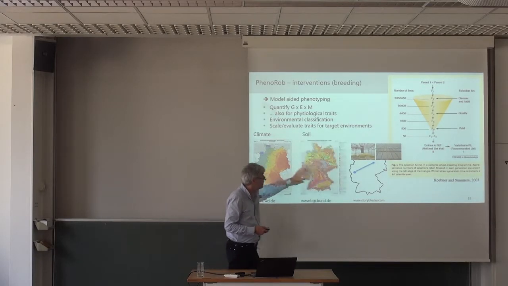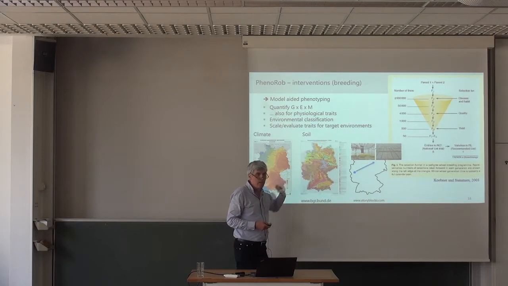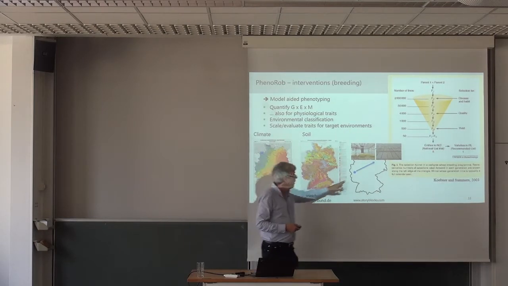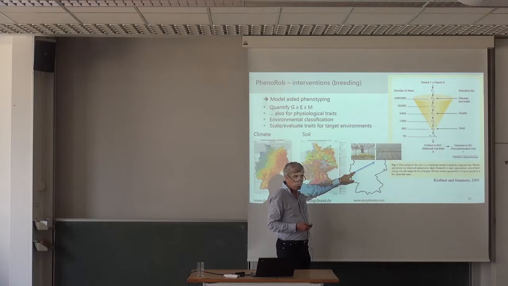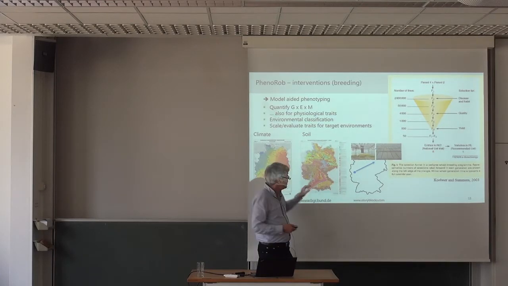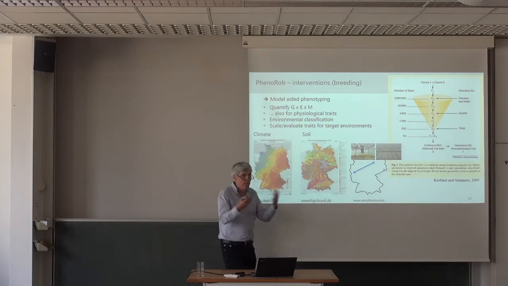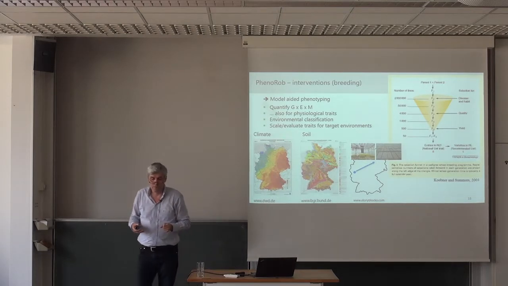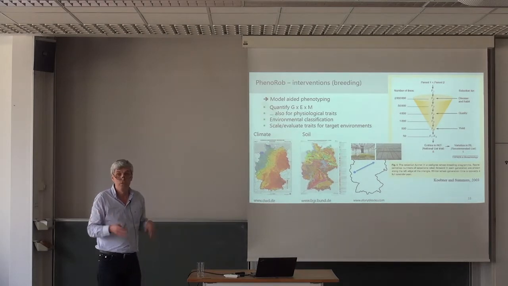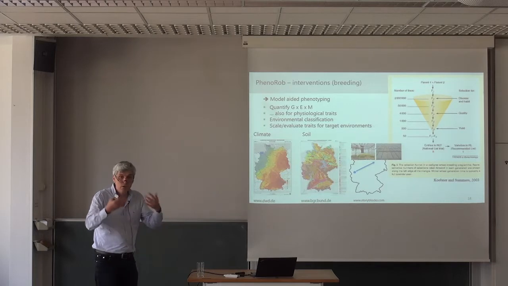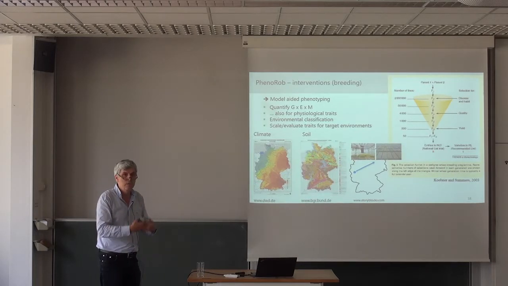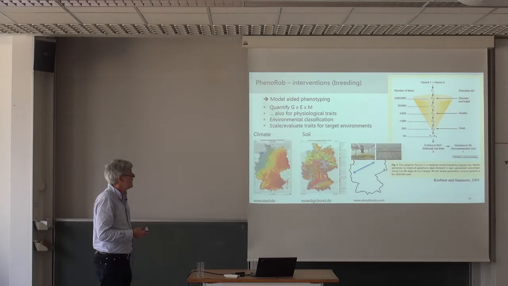And if you then also consider soil variability, there's the question of how much information you get from one point about the G times E, if you want to say something about the diversity of environments in a small country like Germany. There, crop modeling can also be very helpful to extrapolate, to scale out information that you obtain in one location.